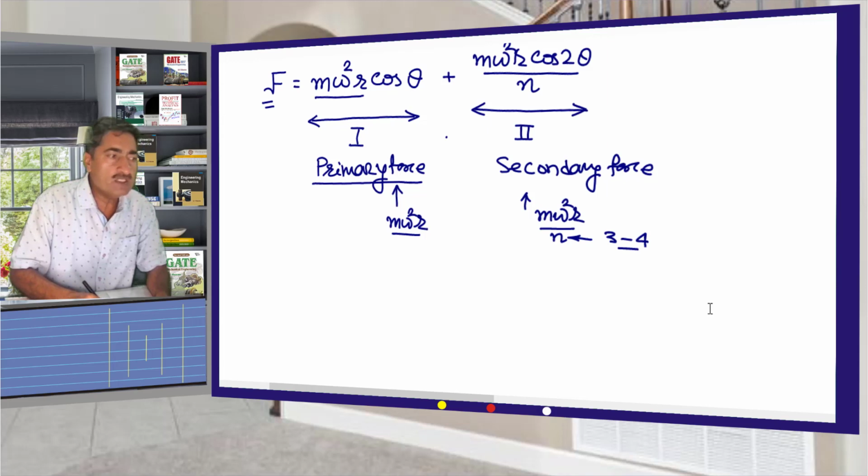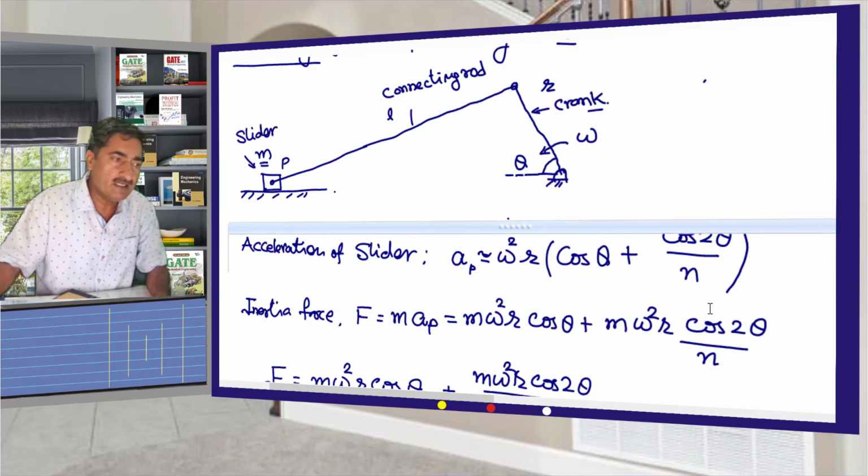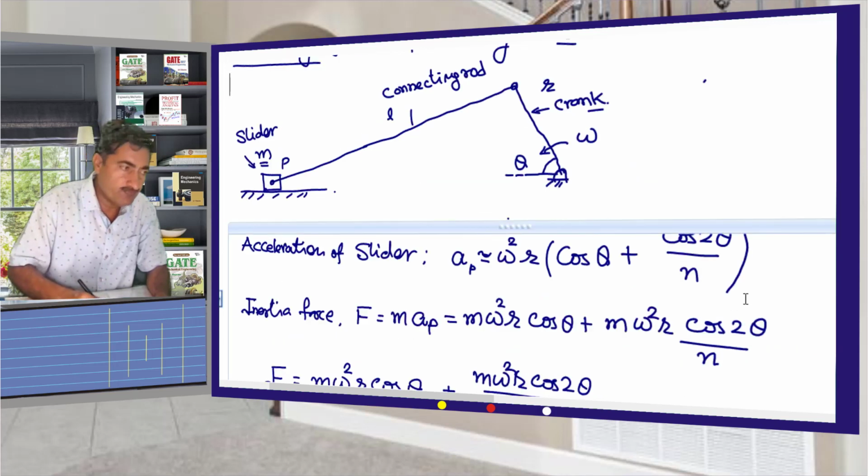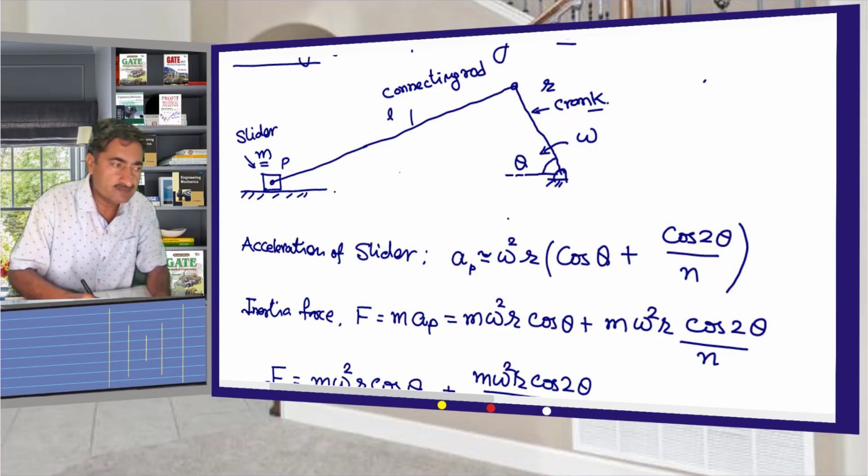This m omega square r cos theta always acts in the line of, or in the direction of, reciprocating motion of the slider. Now transfer this m at P as the force which acts at the center or at the main bearing.